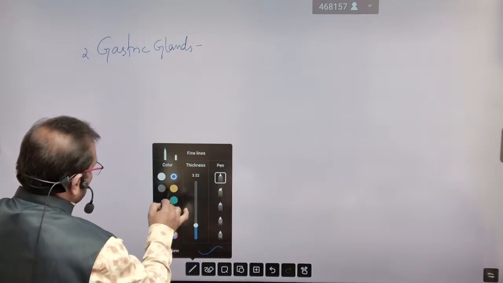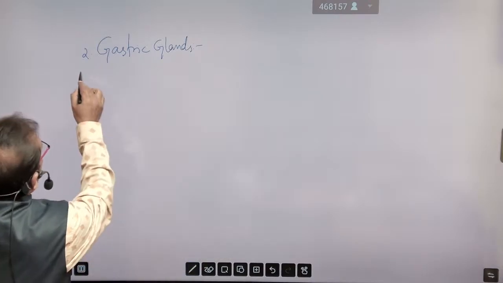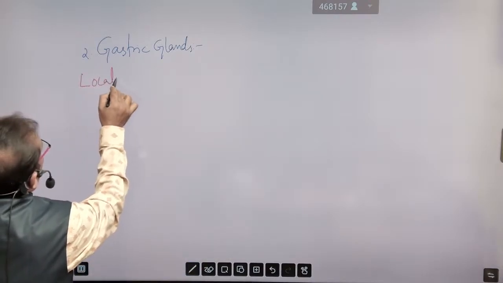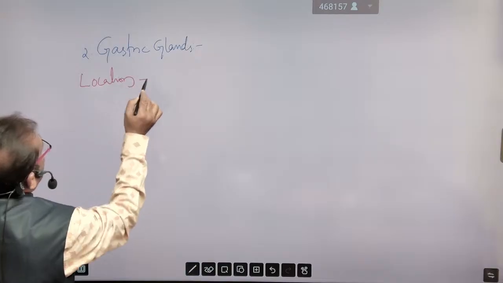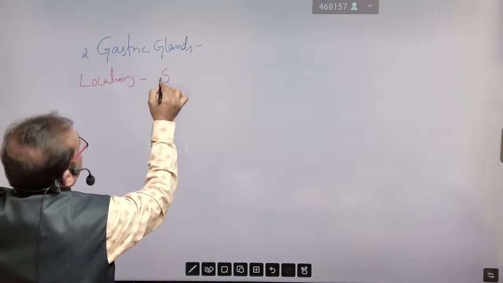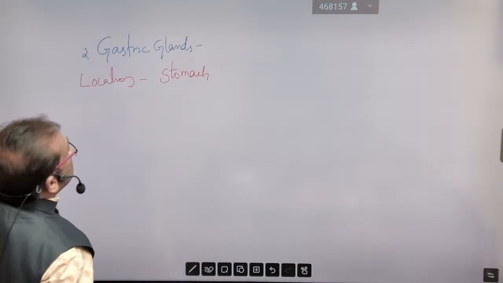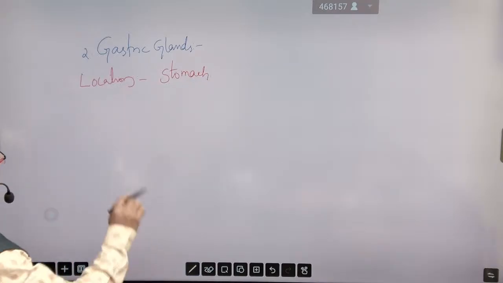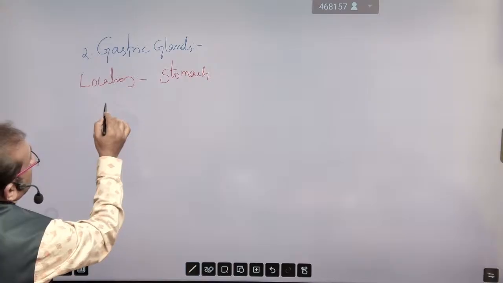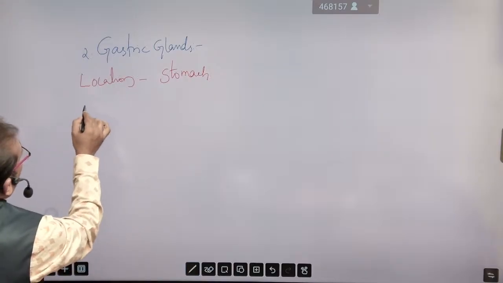Gastric glands location: they are located in the stomach. And in the stomach, how many are there?